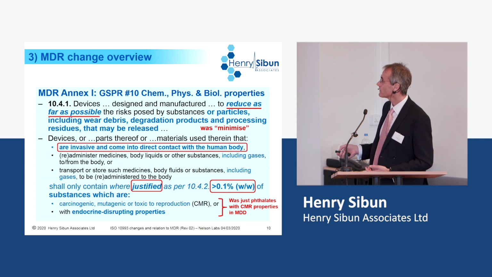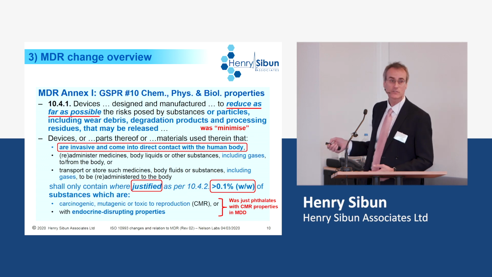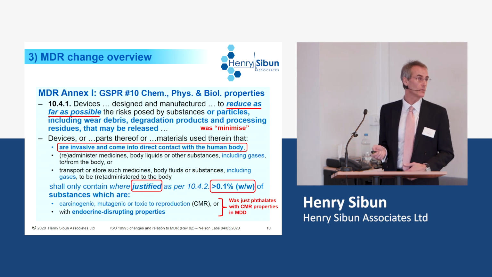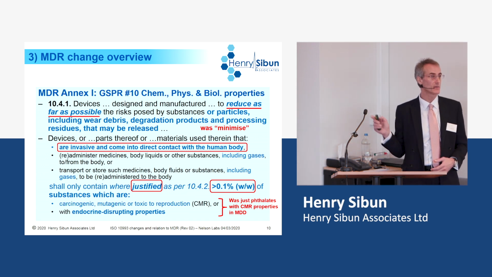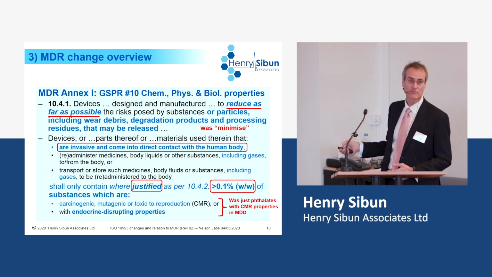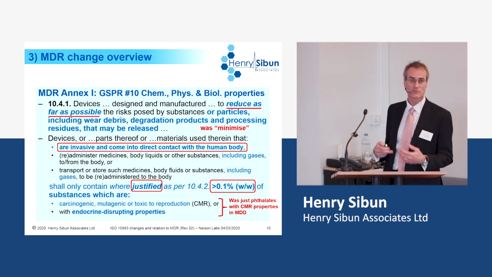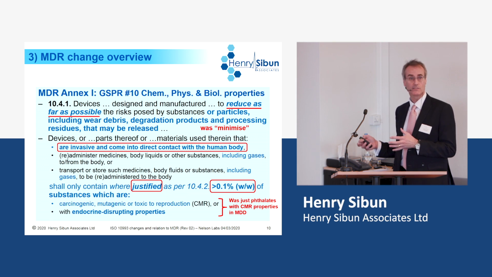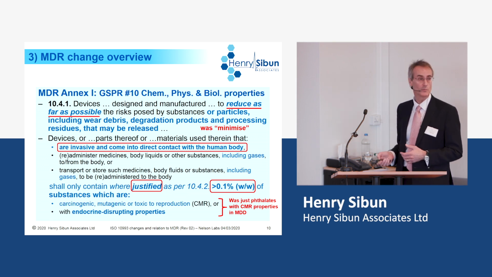It goes on to have a limit here, so you only need to follow all these requirements if there's more than 0.1% weight by weight. That's the trigger point. I'm not sure exactly where this comes from, but we think it comes from the REACH regulation, which is to do with restriction of hazardous chemicals. But in practice, a big device will have much more phthalate in than a small device, even if it's below 0.1%.